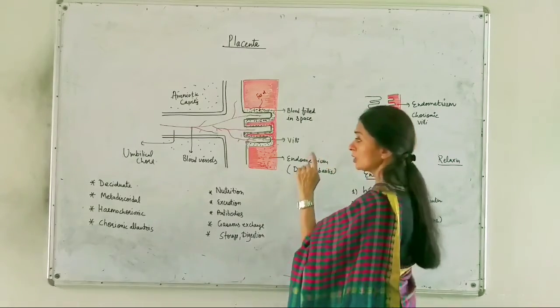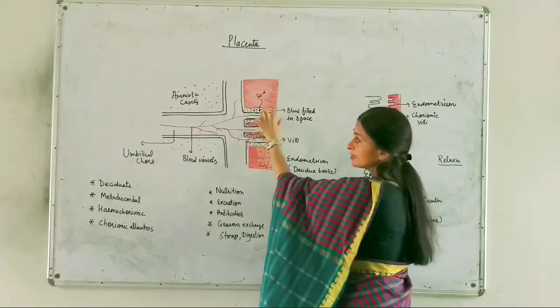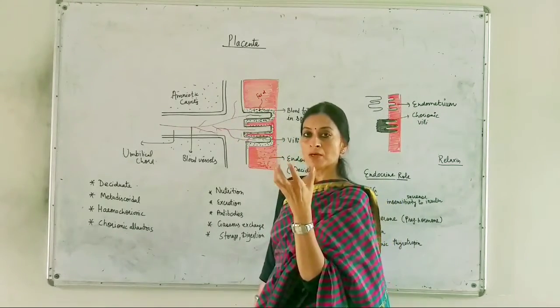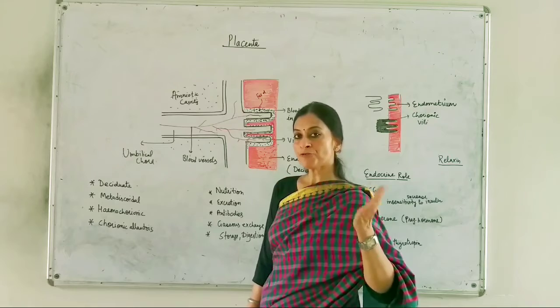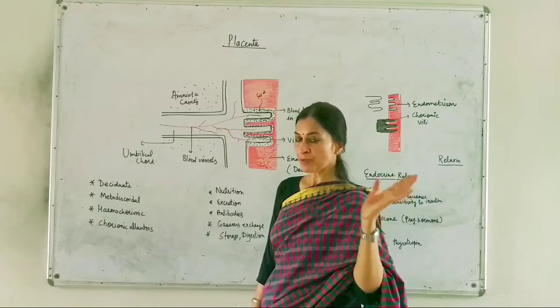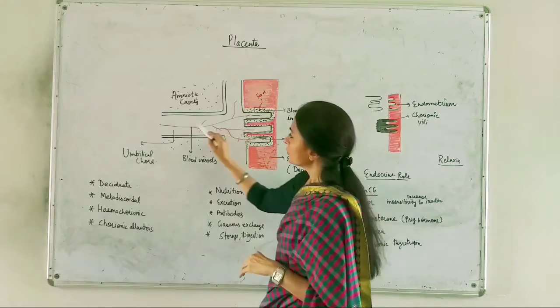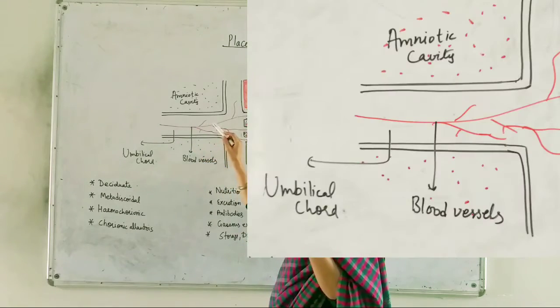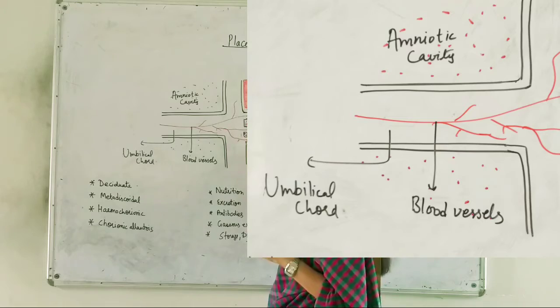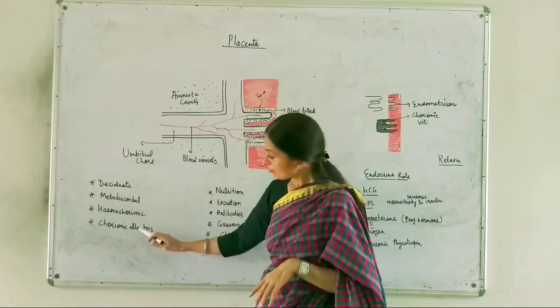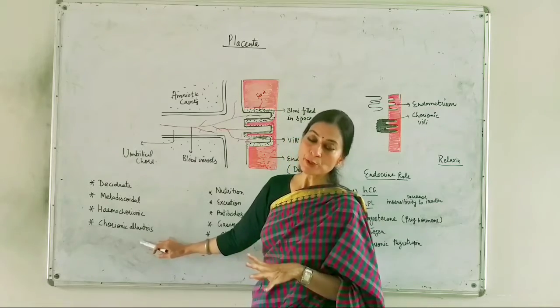Why? You can see that this common tissue is formed by a part of the fetal extraembryonic membranes and a part of the mother's uterine wall. So which membrane is contributing to the formation of this tissue? It is the chorion. That's why it is known as chorionic placenta. But why are we also adding the word allantois?